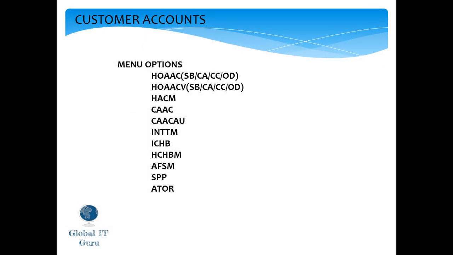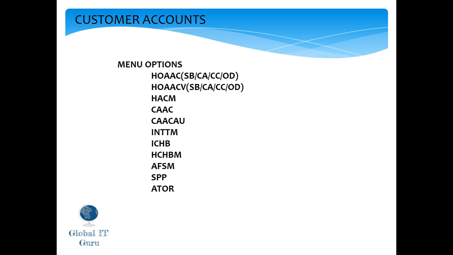Okay, these are some important menu options for customer accounts, like for opening accounts and verifying the accounts for SB, saving bank, current account, cash credit, and OD. And then, if you want to modify something, interest related part we need to do, we need to issue checkbooks. After issuing a checkbook, we need to maintain the checkbooks.